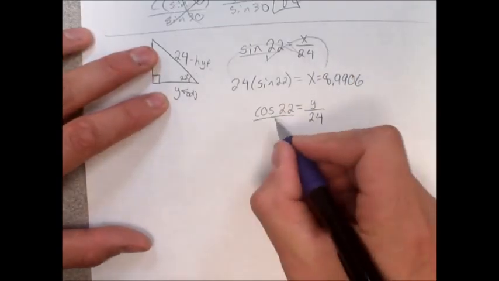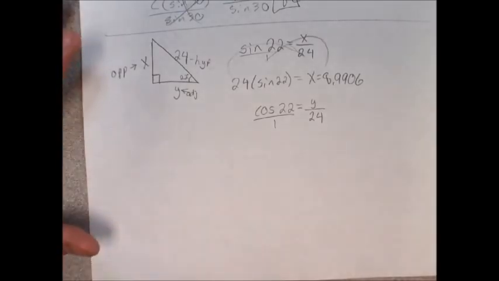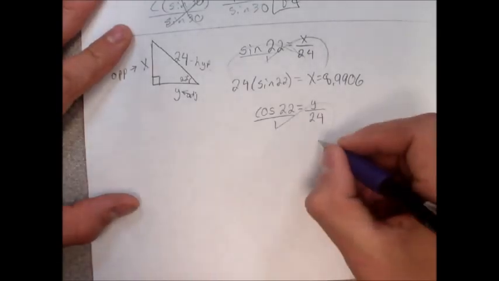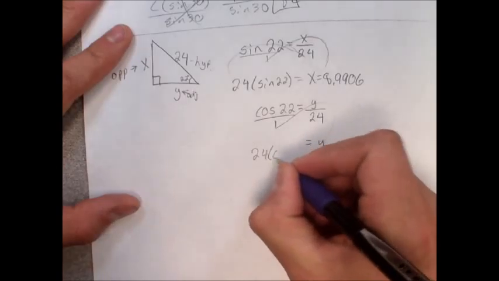Again, I'm putting this over 1 so I can do my cross multiplication. This is just like solving a proportion, guys. Sine, cosine, and tangent are proportions for right triangles. That's why we set up those ratios the day before yesterday. So 1 times Y is Y, and then 24 times cosine of 22, which I typed in my calculator.